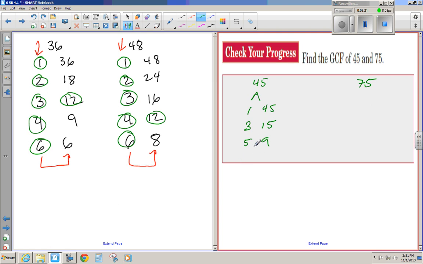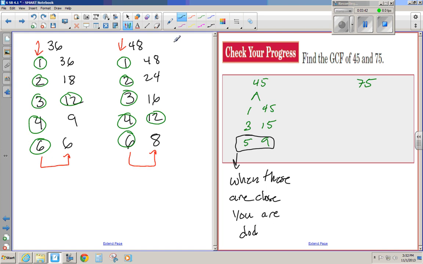As soon as these numbers here get close, I'm going to add a little note here. When these are close, you are done. 5 and 9 are pretty close together, so you can be done.